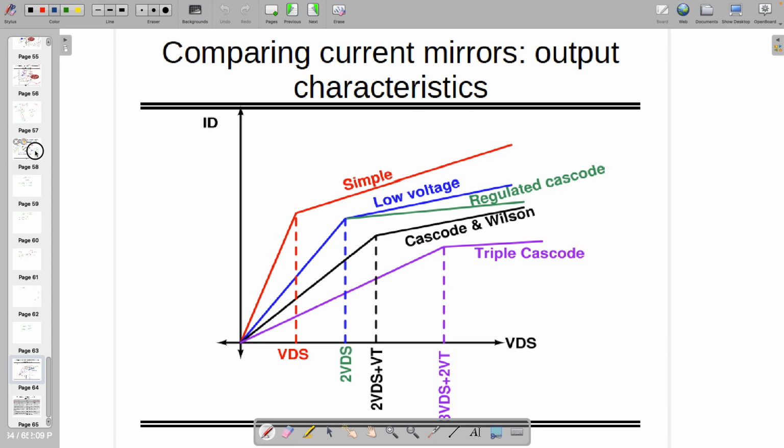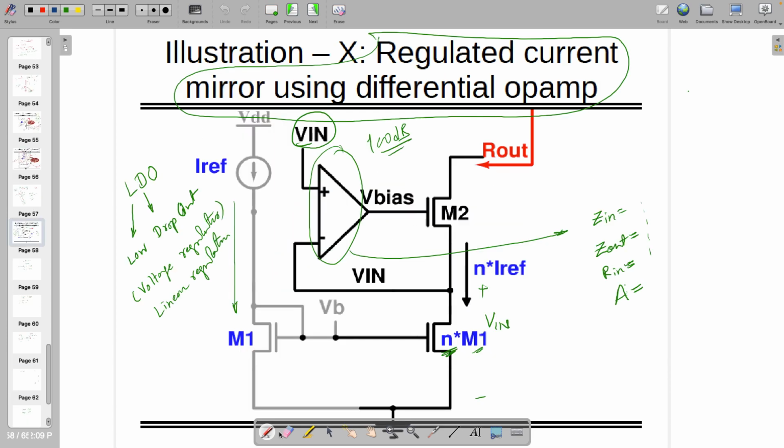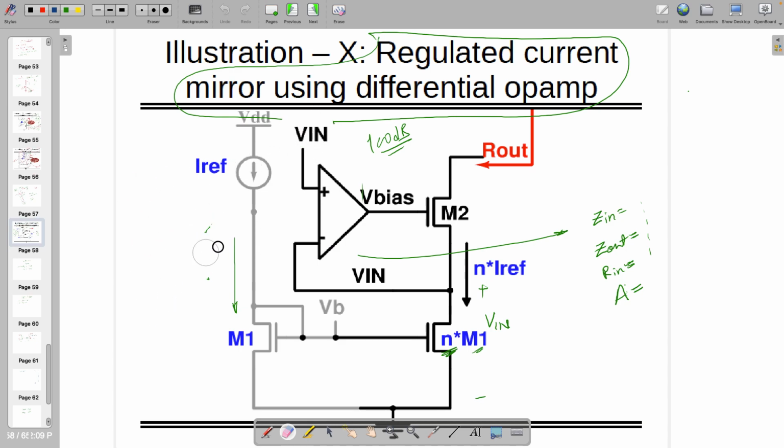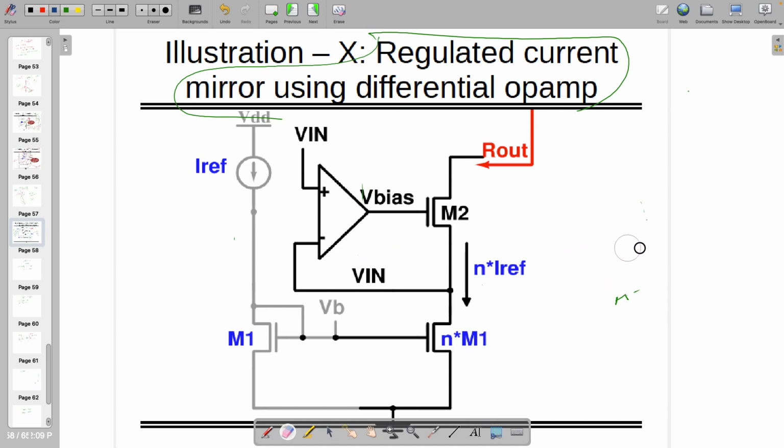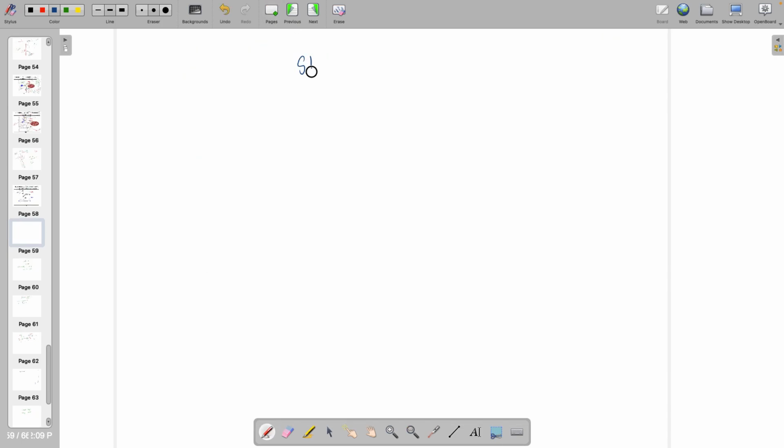Just before moving to anything else, this was the last topology which we were talking about. This is one of the useful topologies in a case when we want a stable supply for a given current, right?